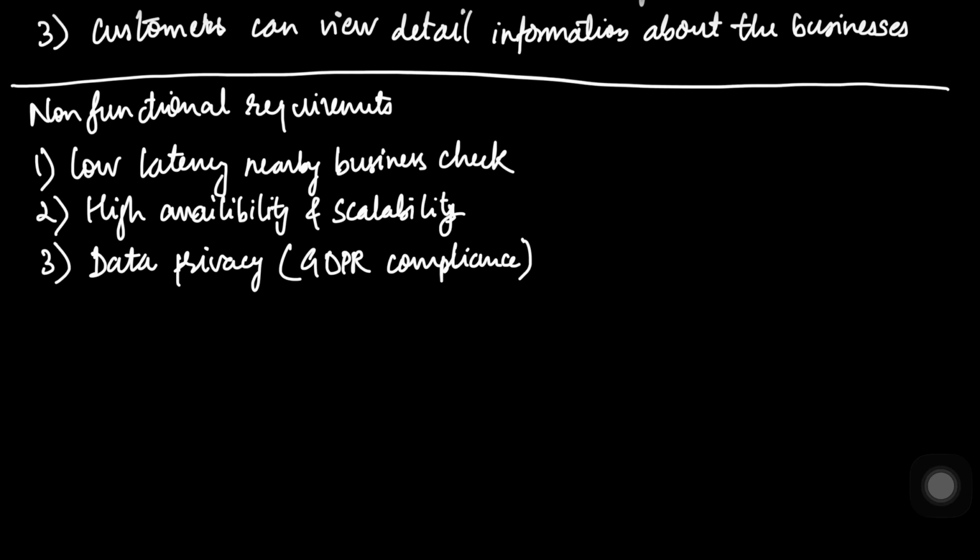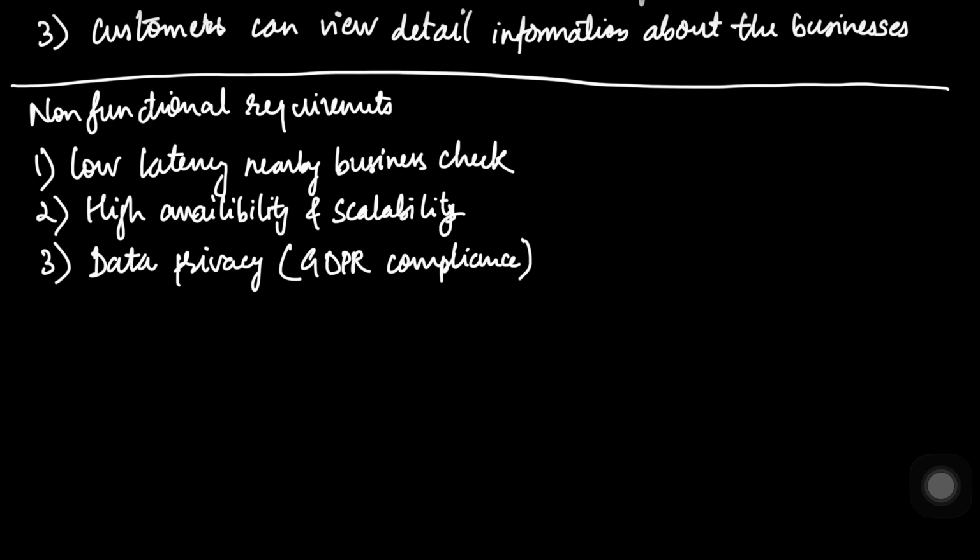Our second non-functional requirement is based on CAP theorem, where we think about consistency or availability. What should our system follow? Because partition tolerance is anyways non-negotiable in this case.